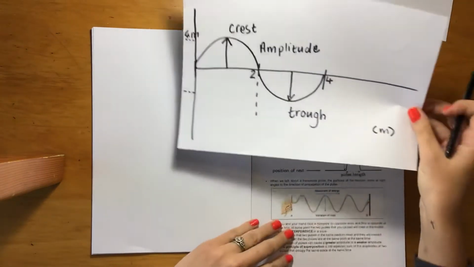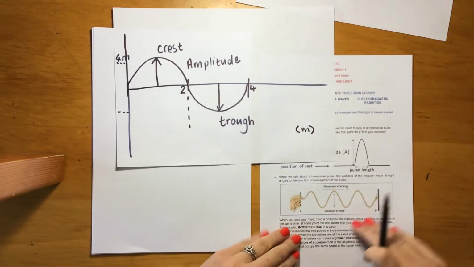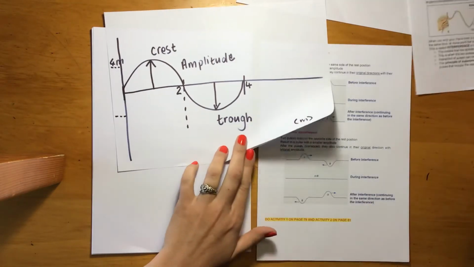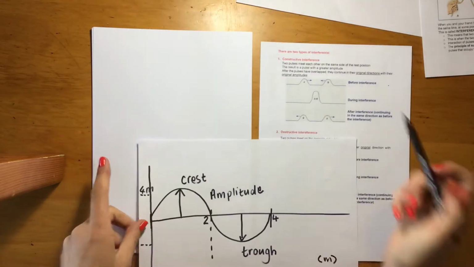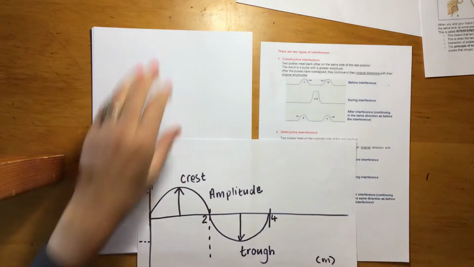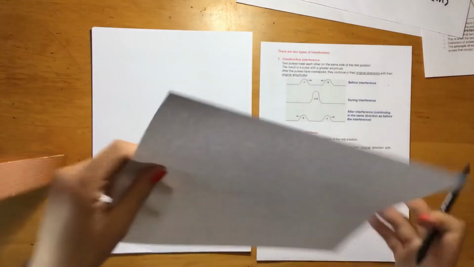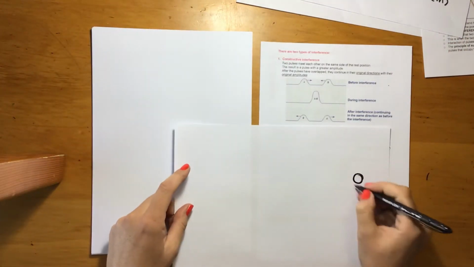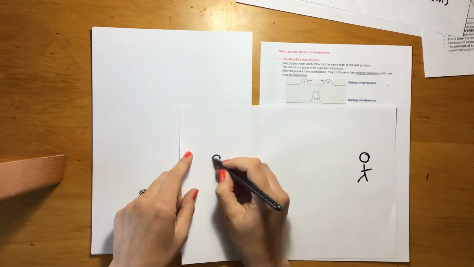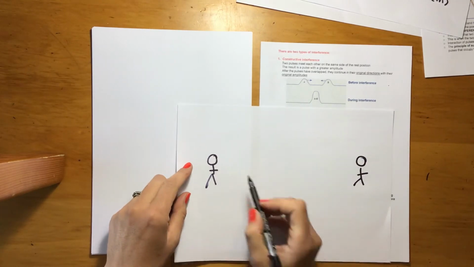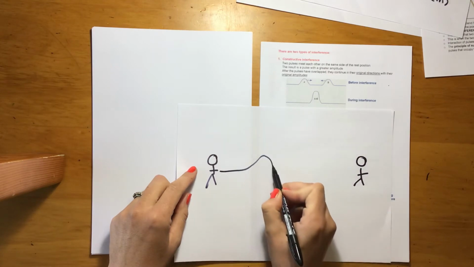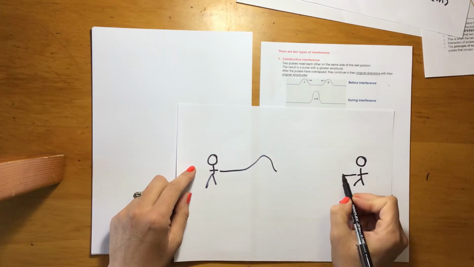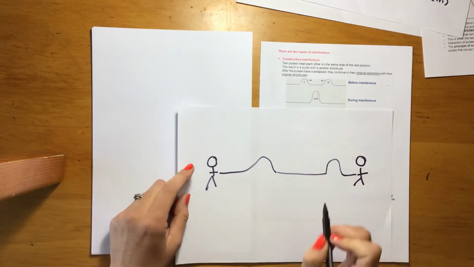Let's go and look at the different interferences that we get. Let's look at constructive interference. Let's say you are two people standing on the side of a hosepipe, and you are flicking the hosepipe up, and your friend is also flicking the hosepipe up.